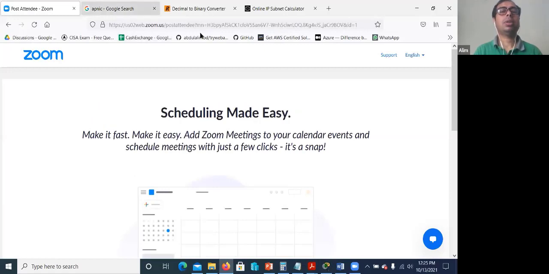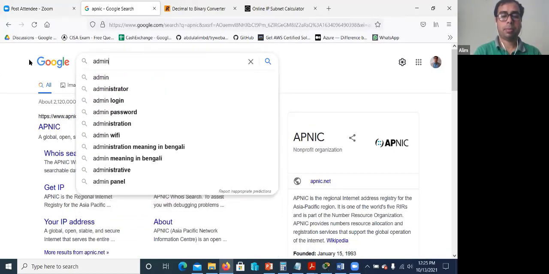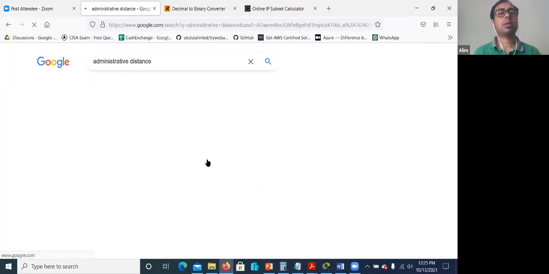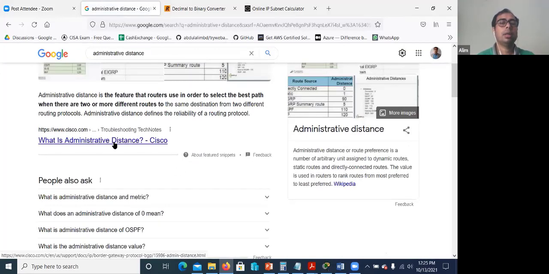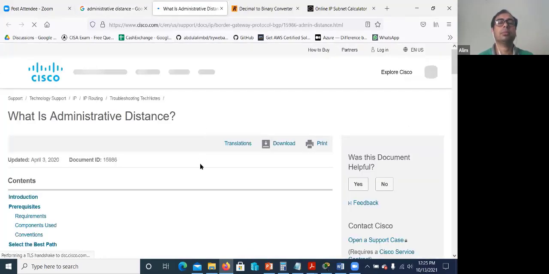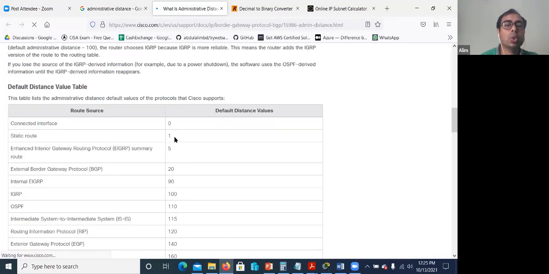Let me look at the administrative distance list, you will get a list here. For a static route, it is 1. For a connected route, 0. Can you see?